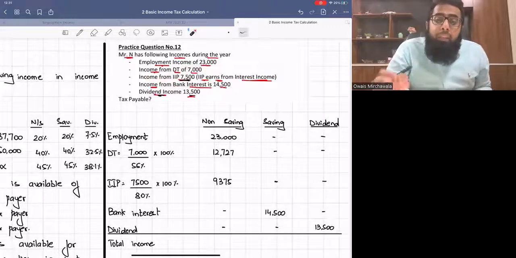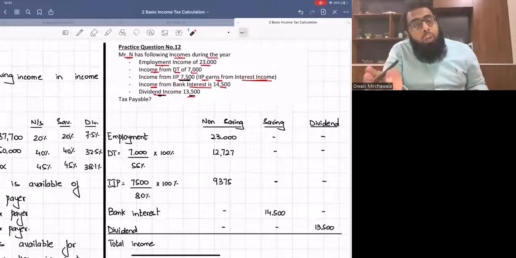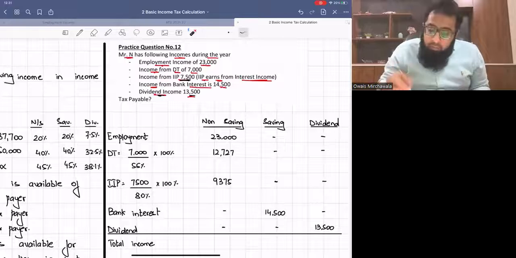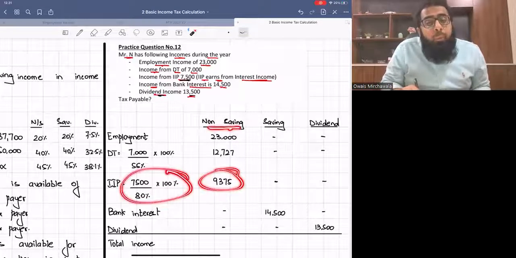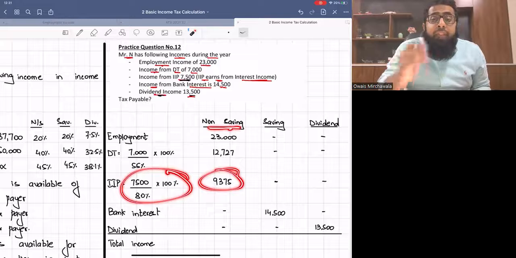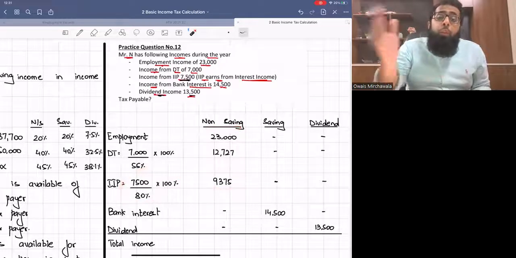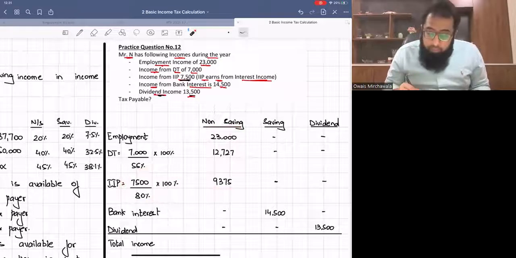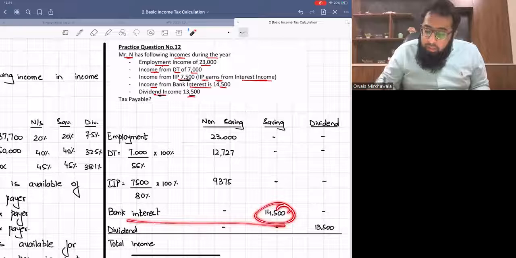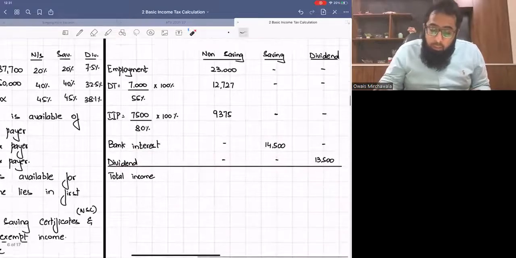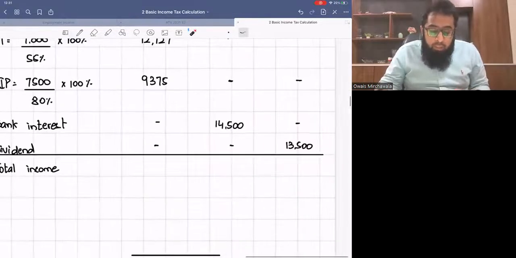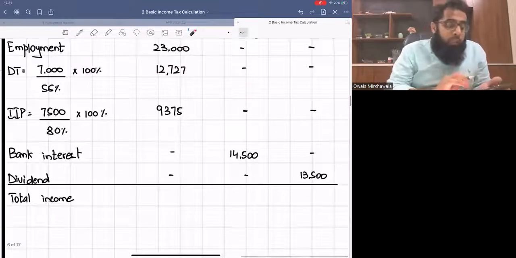If IIP earns from non-saving or saving sources, we classify it as a non-saving income and there is 20% withholding. We have studied this rule two classes back. Then bank interest goes in saving income and dividend goes in head of dividend. So we will add all of the incomes to arrive at the value of total income.